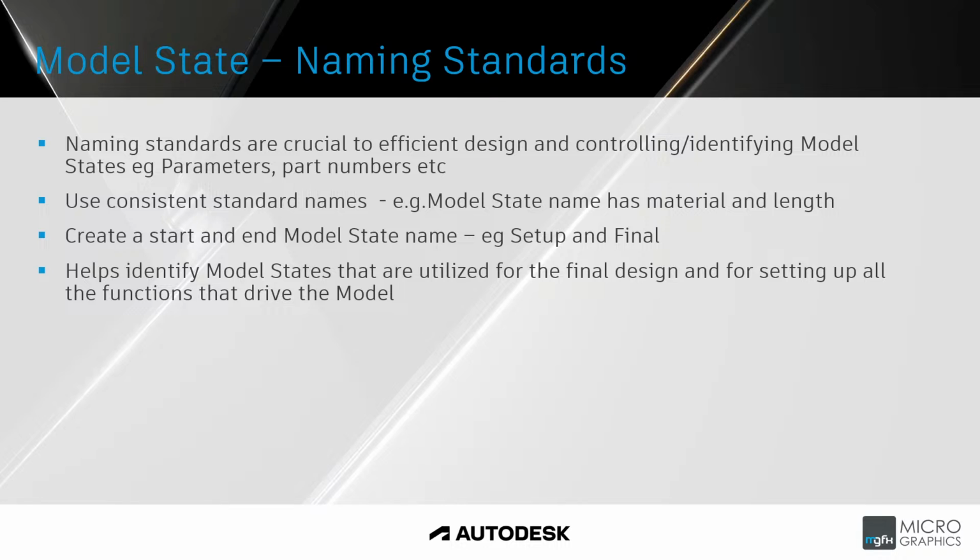If you've named it 1, 2, 3, 4, 5, or model state 1, model state 2, model state 3, model state 4, and you bring it in, you don't know what it does. You might not know what the material is, the length, the width, the height, or if there's anything suppressed. So it's very difficult, and it might be trial and error to get the correct configuration of your part into your assembly. So that's also a good thing to note.